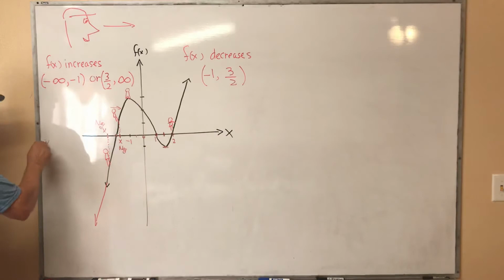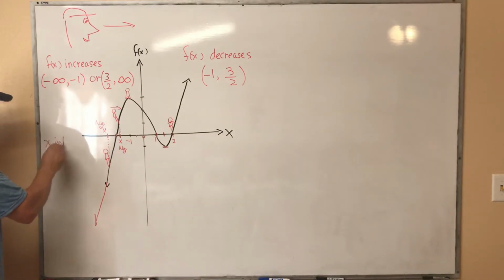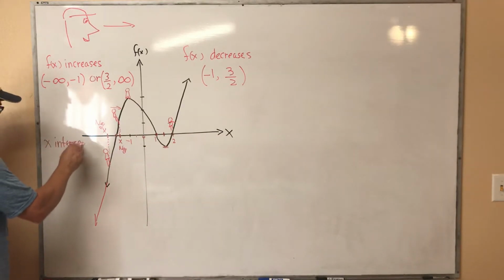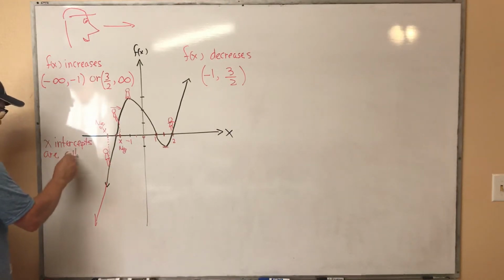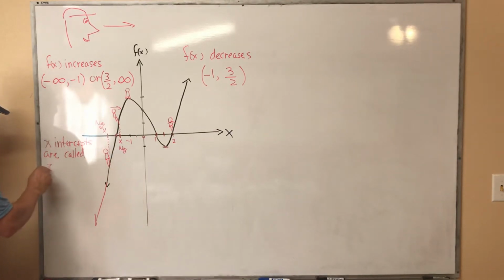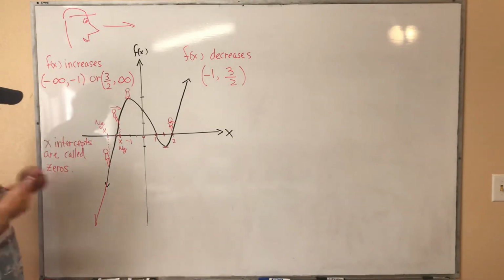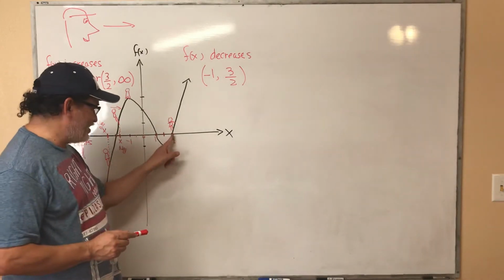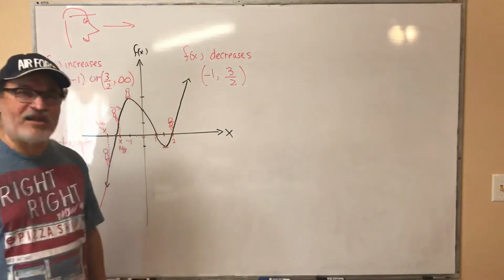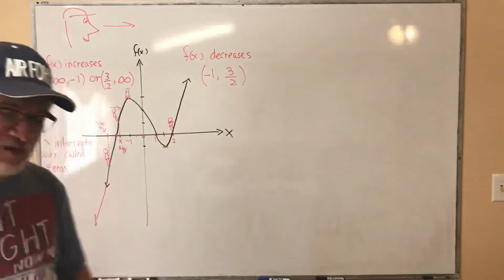So x-intercepts are called zeros. So that's a 0, and that's a 0, and that's a 0 for those x values.